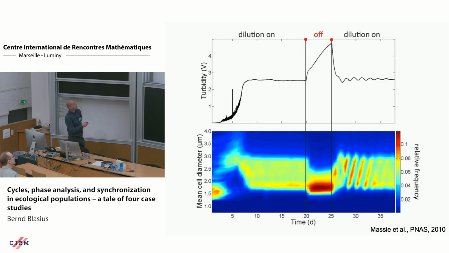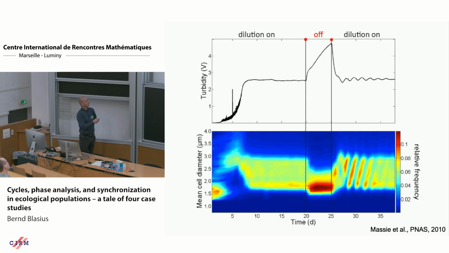So here you see the experiment. Your system goes to capacity. We make our perturbation. We see our cycle, which is initiated. And here we see over time the cell diameter, so the cell size. You see something weird is going on here in the beginning of the system, which I don't know. But then we get a stationary size distribution.